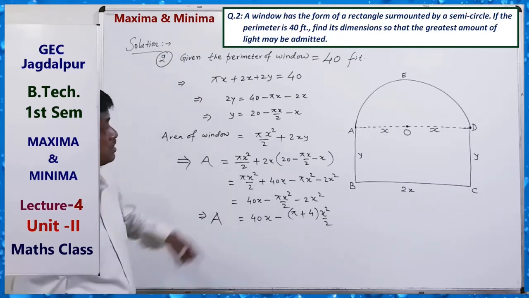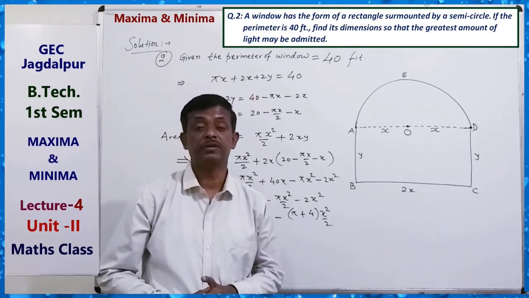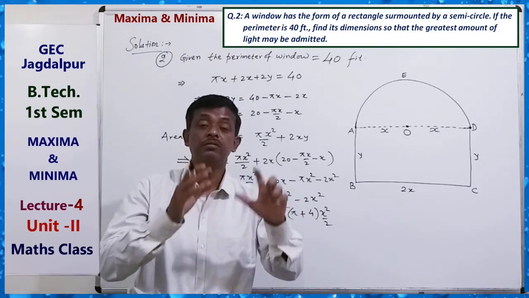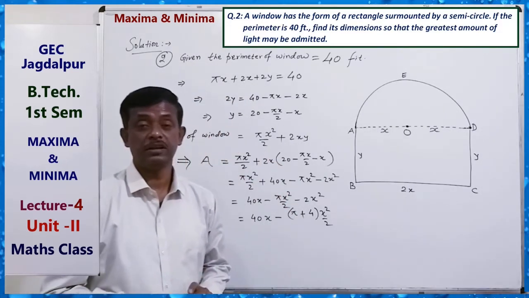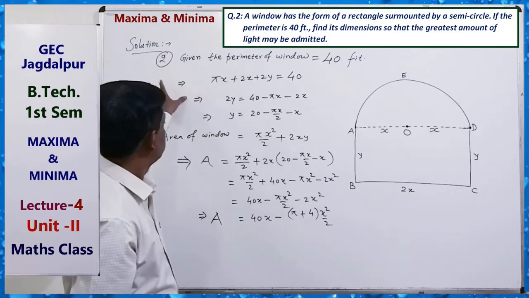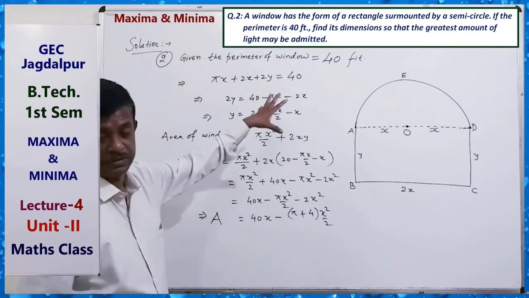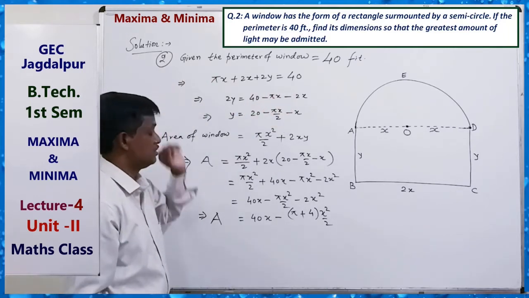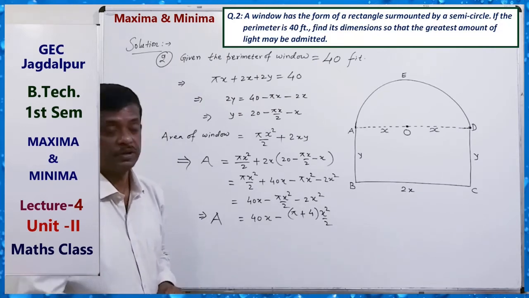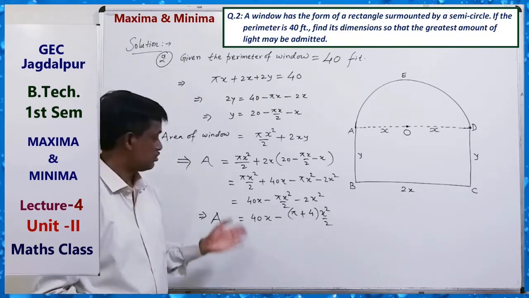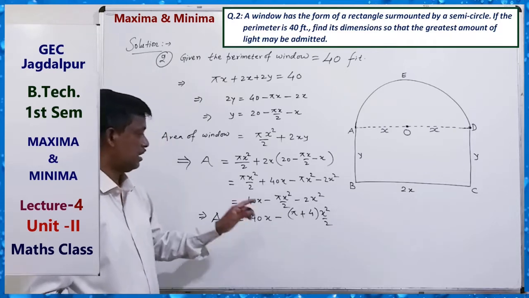For this type of question, you have to first find the required function, the required objective, meaning what should be maximum or minimum. That is area, here area. So the area function is this in terms of x.